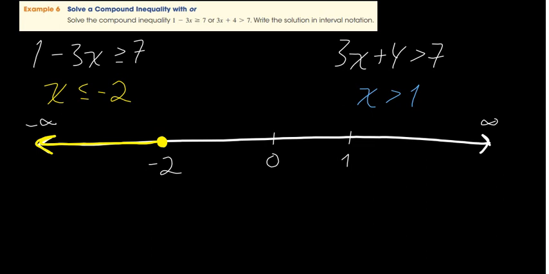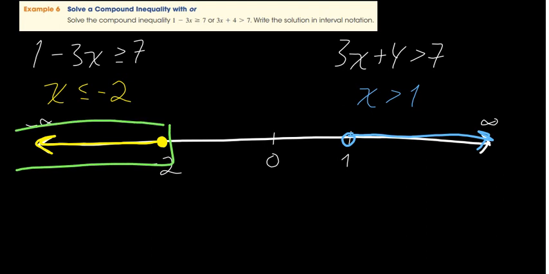Now the blue side is x is greater than 1, so we're going to put an open circle at 1, and we're going all the way to infinity. Now remember this is an OR, so we're not looking for overlap. We're just looking for where this graph has yellow and blue on it, and that's right here and right here.